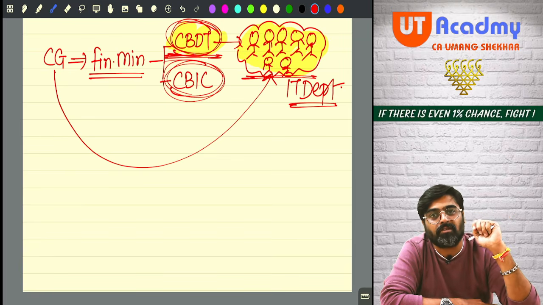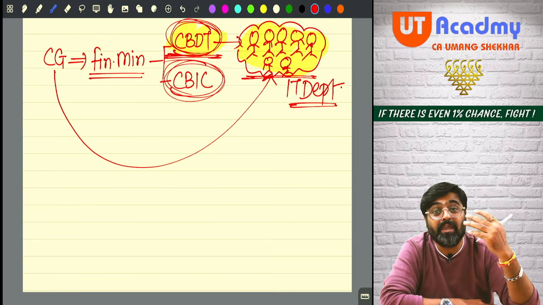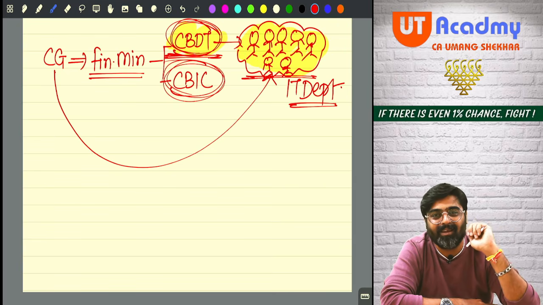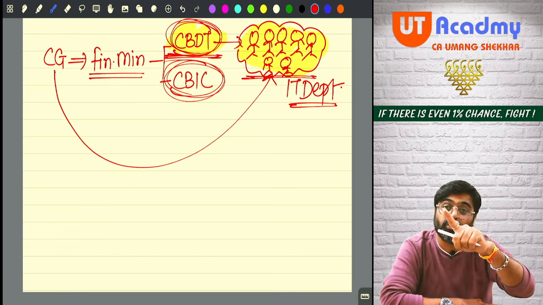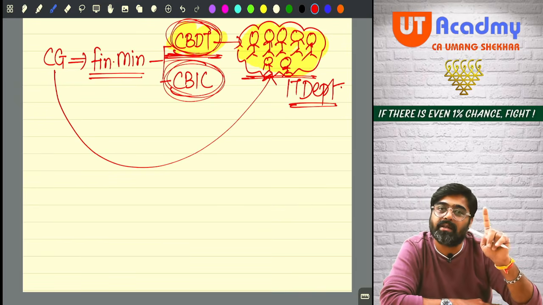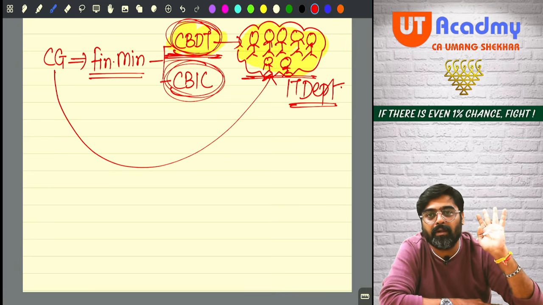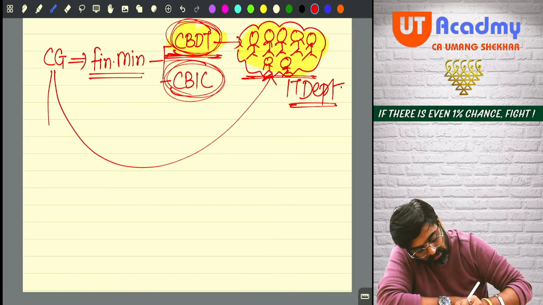So in certain provisions, if there is some CBDT circular which is beneficial, or which we also have to study, with those provisions I will teach you those CBDT circulars also. Not all the circulars, but whatever circulars are relevant for your CA Intermediate, which we should know. Getting my point?